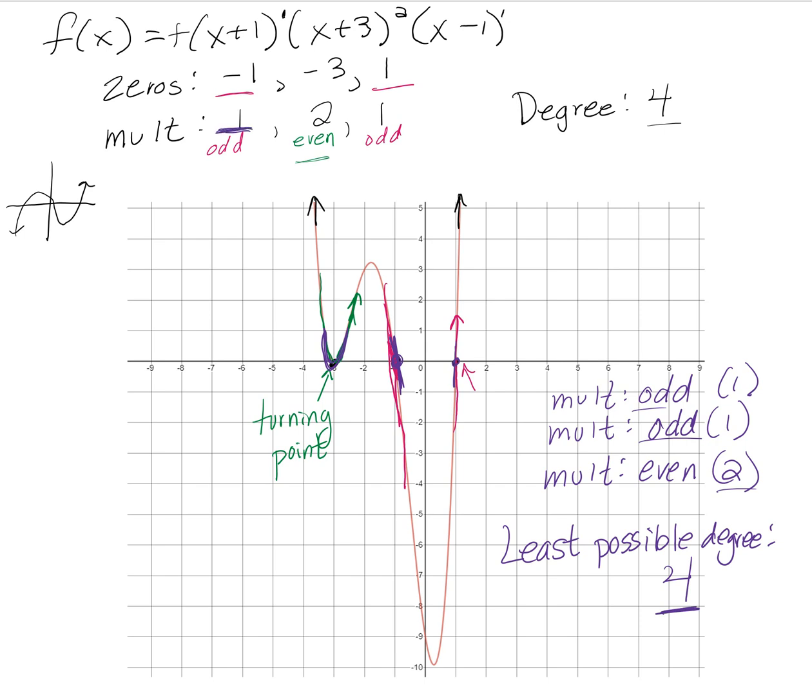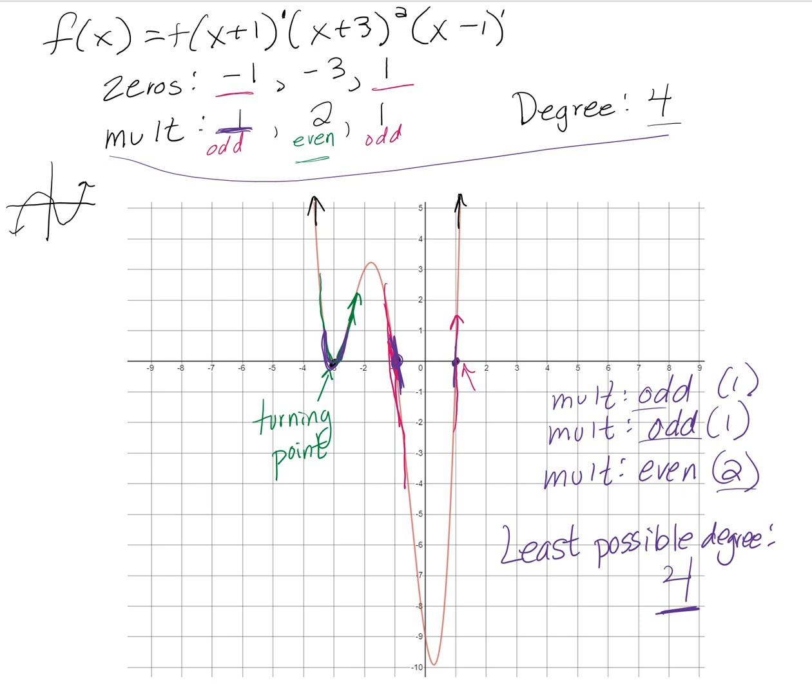I could have a 3 multiplicity there. I could have a 5. And with the even, I could have 2, 4, 6, and so on. If I'm working backwards and maybe I don't have all of this up here, then all I can do is tell the least possible degree. I can't tell the actual degree without more information because I don't know that yet. But what I can do is look at my multiplicities to help out with that.